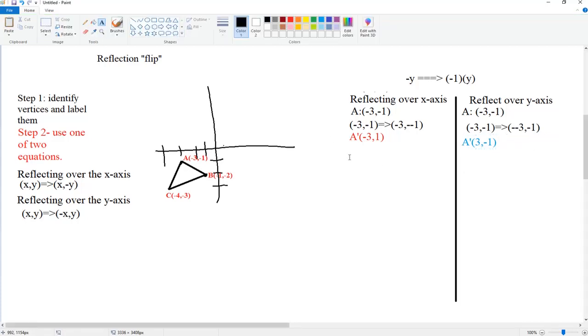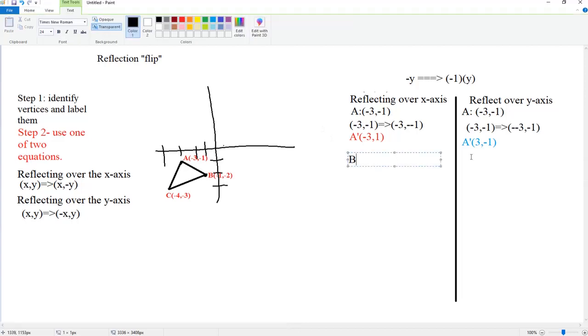So for B, I'm going to have negative 1, negative 2. And I'm going to be talking less during these steps because it's just a repeat over and over again. It's just so that you see kind of what the finished product is going to look like. And this is exactly what I expect your work to look like, this little 3-line math here. If you have these steps, you did all your work.